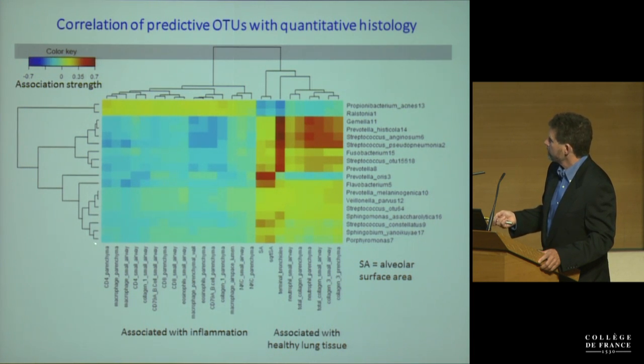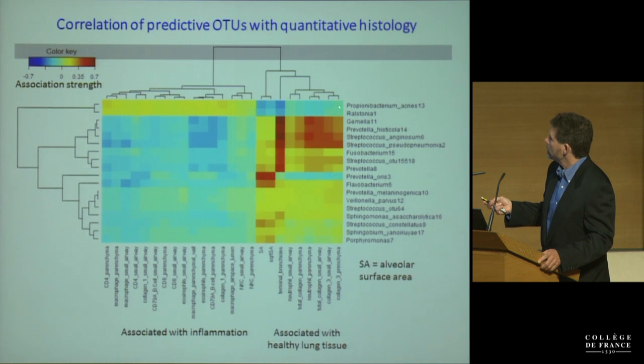Across the horizontal axis, these are the different quantitative histology measurements, and here are the predictive OTUs. These are organized with, on this side, measures that are all associated with inflammation, and over here are measures that are associated with healthy lung tissue. And so you can see some very obvious trends here.